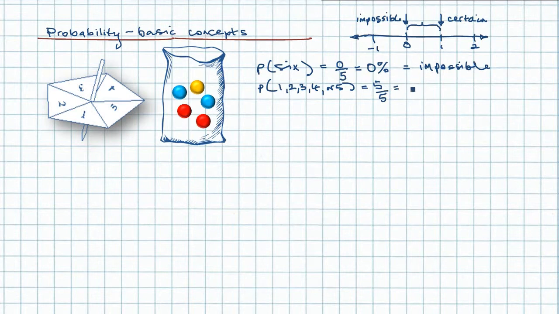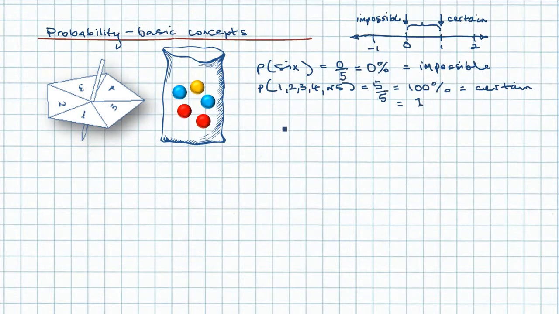So 5 out of 5 is 100%, and we call that a certainty. Usually what we're trying to do in a probability question is get this figure, either a fraction or a percentage or a decimal. In this case, the decimal answer would be 1. 100% is 100 out of 100, 5 out of 5, 5 divided by 5 equals 1. So everything between 0 and 1.